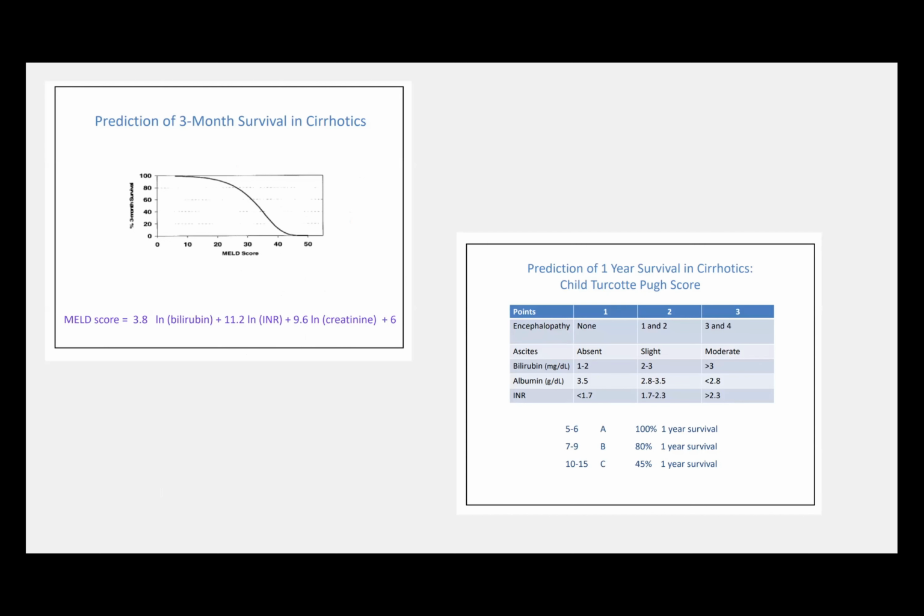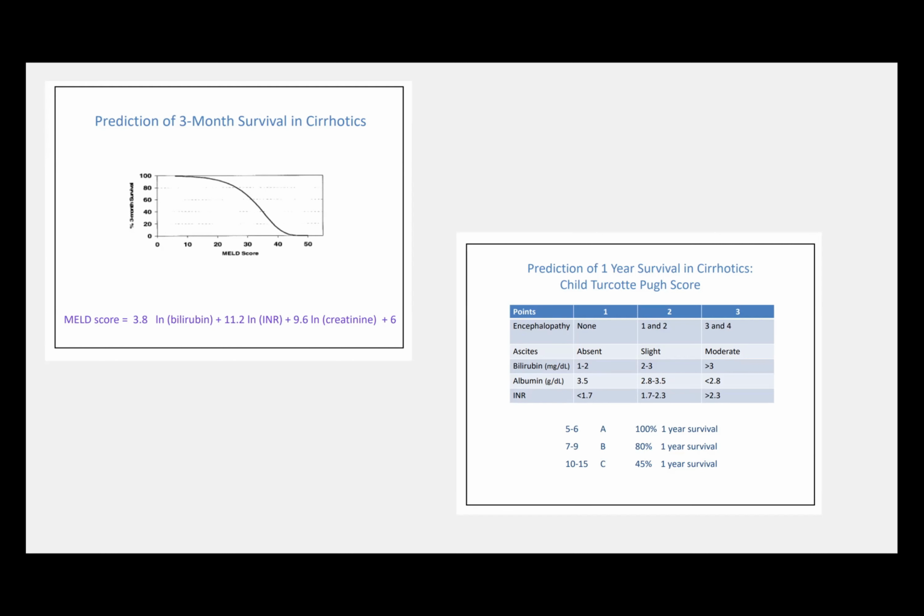These prognostic models are useful for estimating disease severity and survival. They also are very helpful when you're making medical decisions, when you're guiding patient care. So this is why we use these models so frequently when patients come into the ED with known cirrhosis.